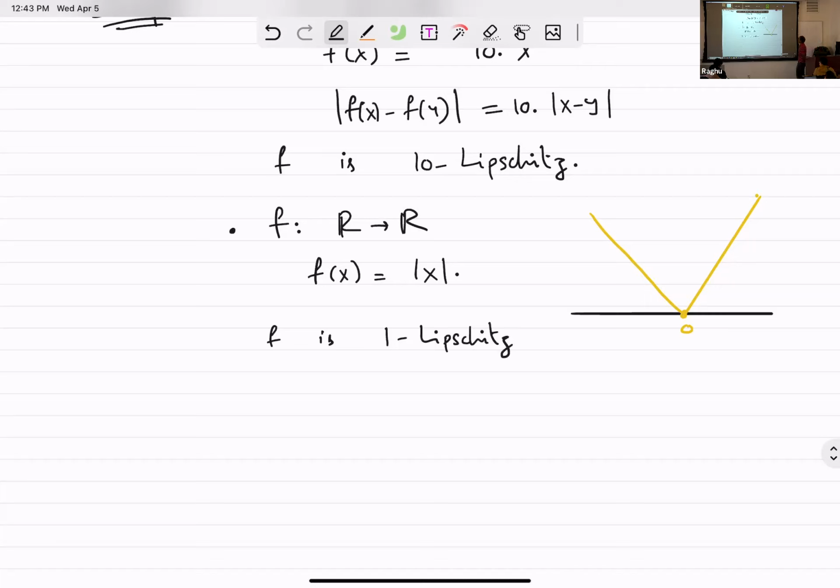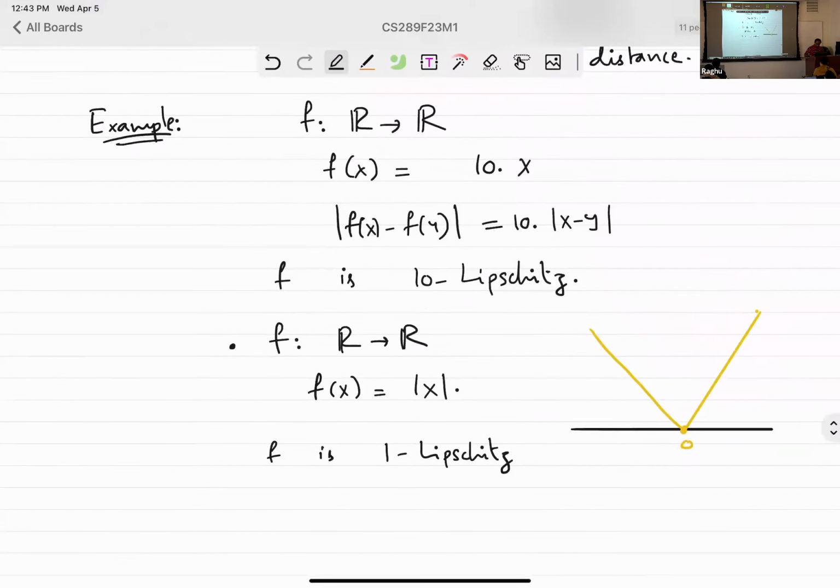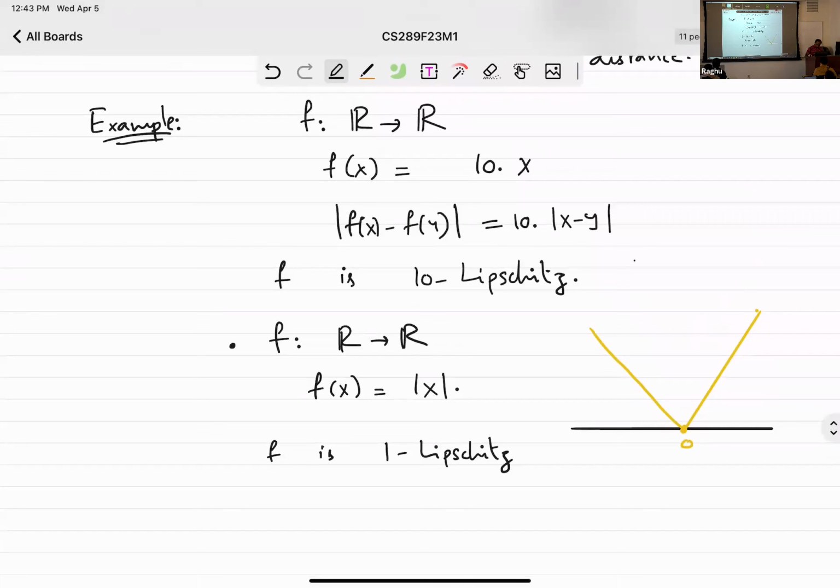Okay, when I change x a little bit, my function value is only going to change a little bit. All right. But between the two, which is a nicer function to optimize? If I take 10 times x, it looks something like this, right? Absolute value looks like this. Between these two, which function do you think is nicer to optimize? Any guesses?